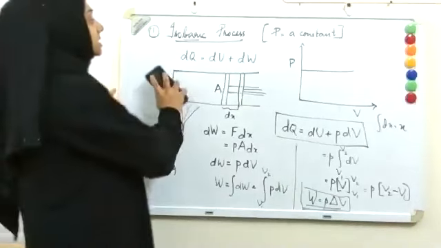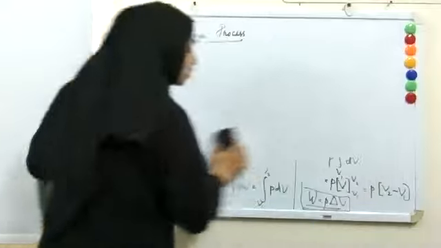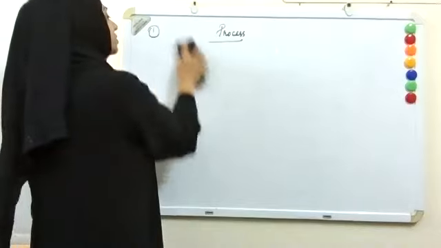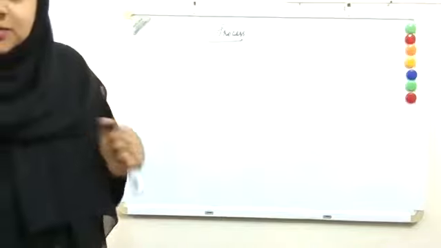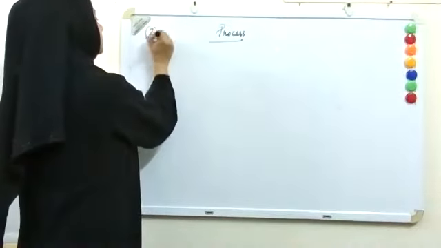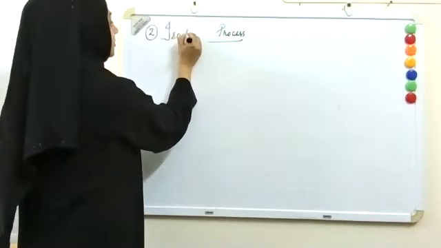So let me go to the next process, which is called the isochoric process. Do you have any idea what the isochoric process is? Here the pressure and the temperature can change, but the volume is constant.